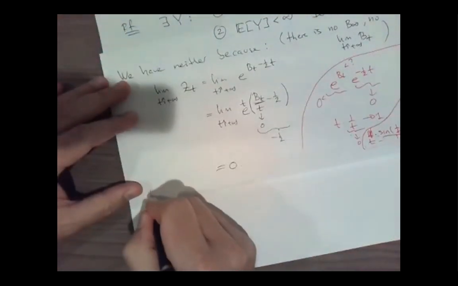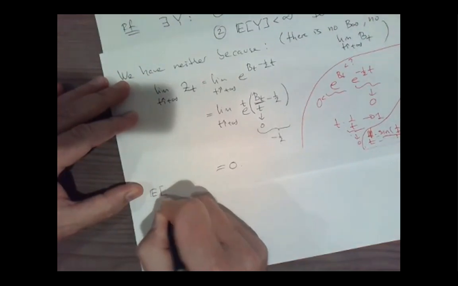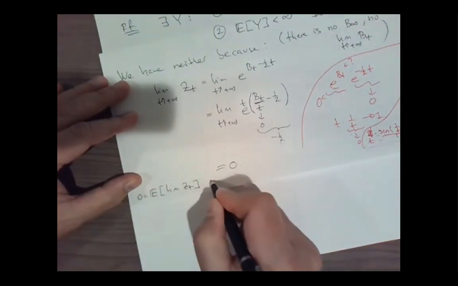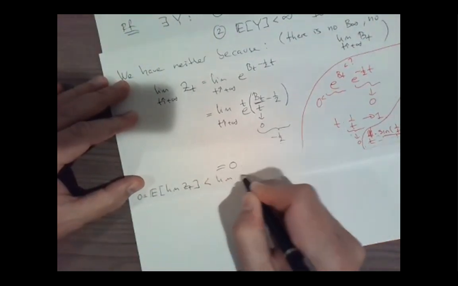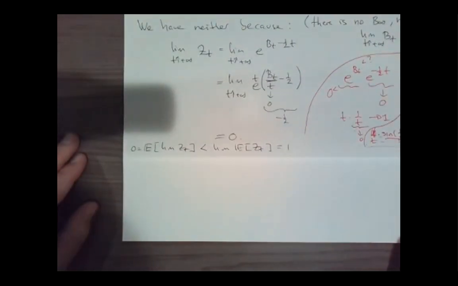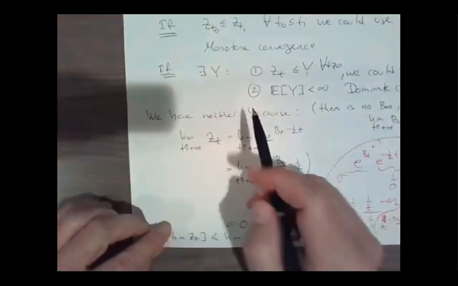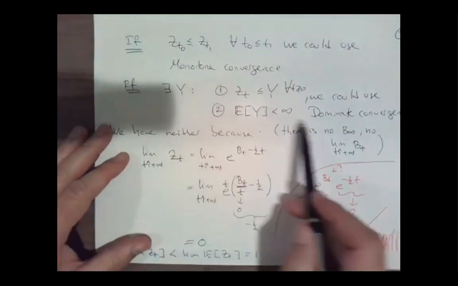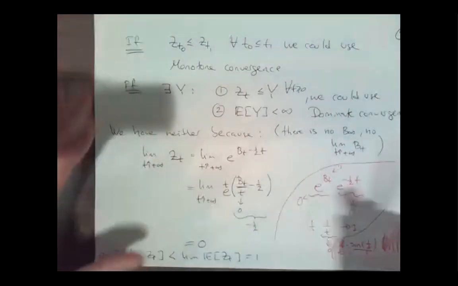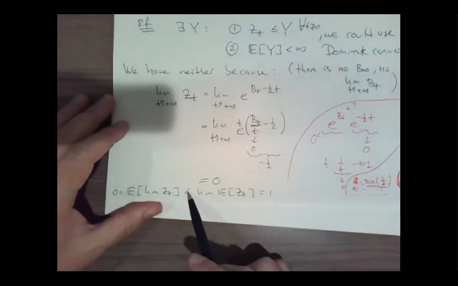So what we get out of this calculation is that the expectation of the limit of zt, which is 0, is strictly smaller than the limit of the expectations of zt, which is equal to 1. So this is the argument for why there's no monotonicity and no way you can use dominated convergence, because if you had such things, you would get that these are equal. And we don't have that.